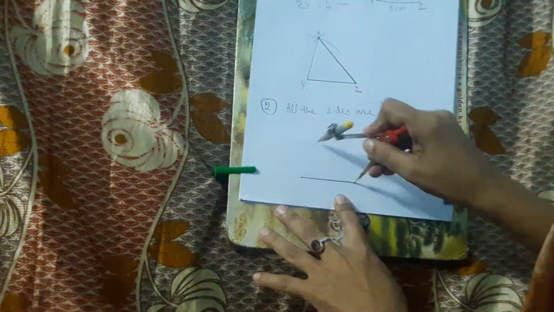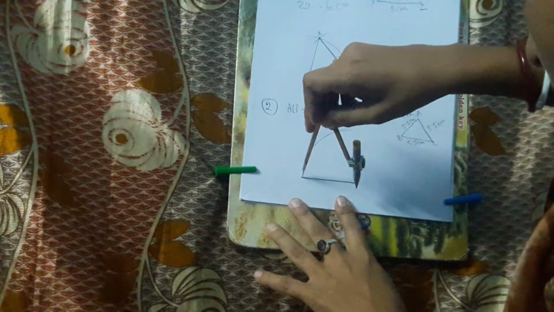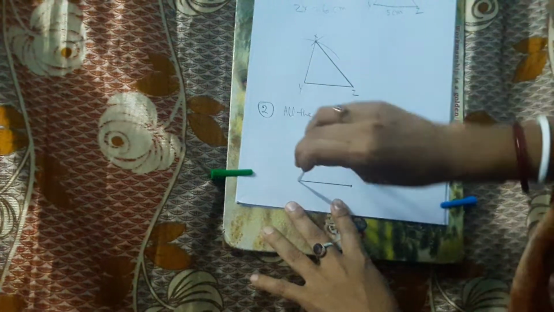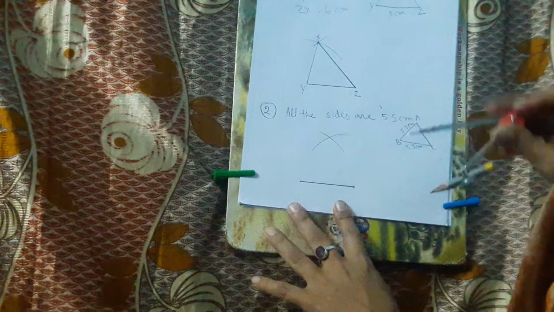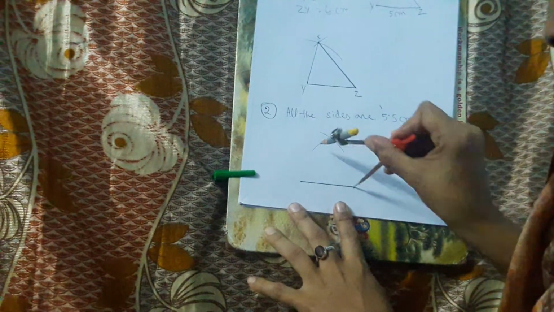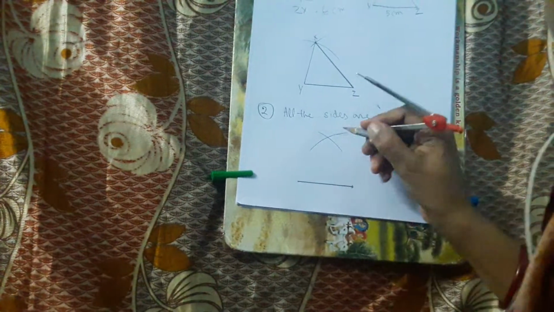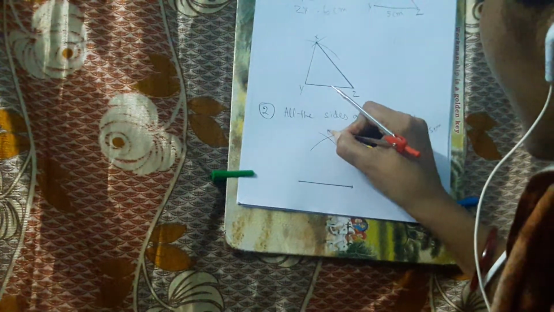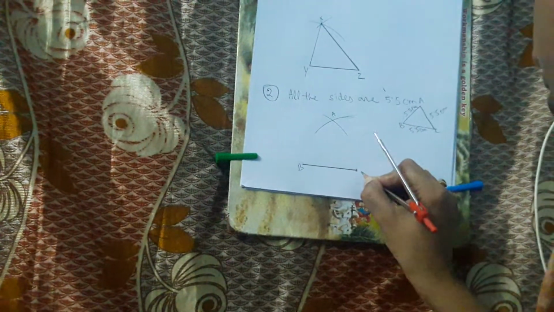I will not disturb the compass radius. With the same radius I will draw the arcs. I have drawn two arcs and they have intersected at one point. Let's name that intersection point A, and that baseline I have taken in the rough sketch also BC.